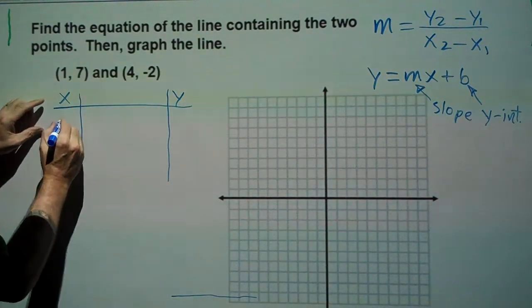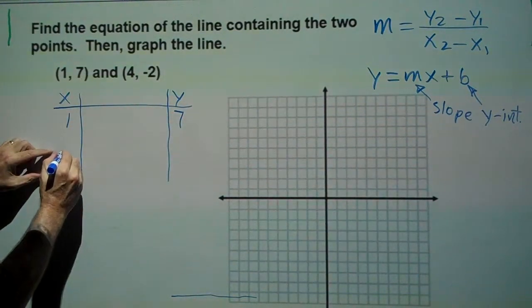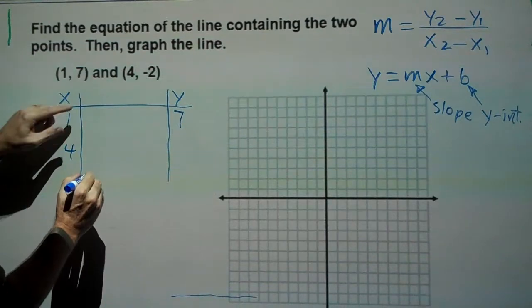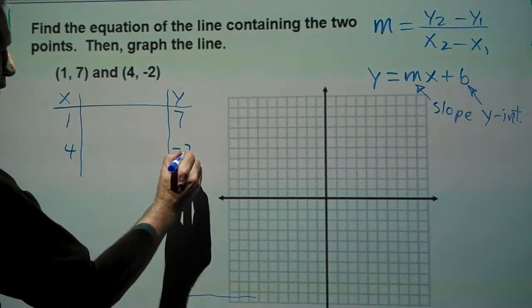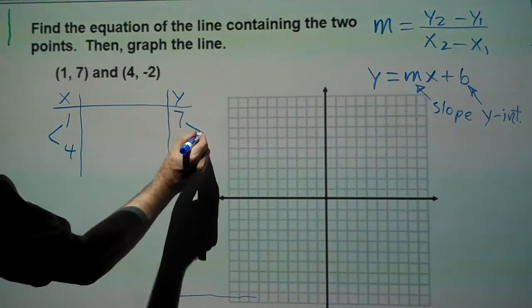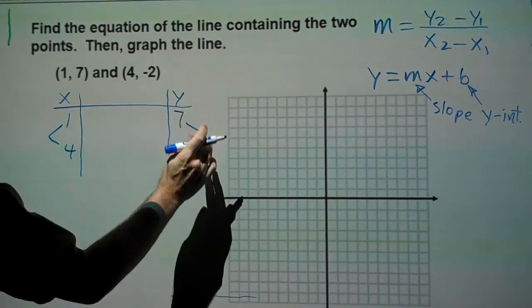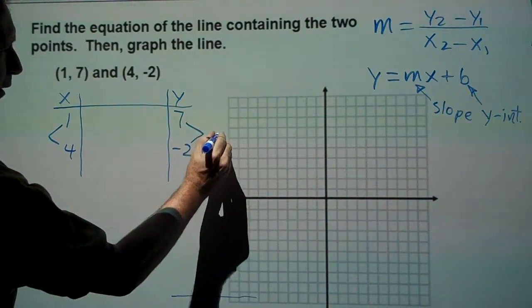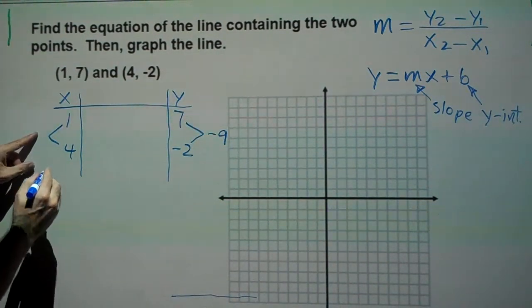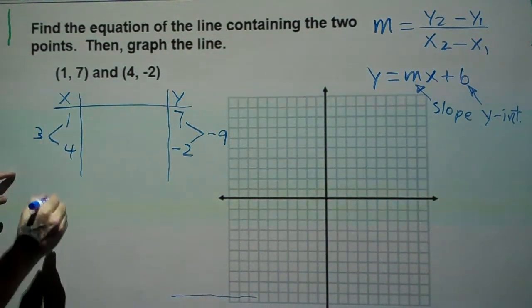For an input of 1 we have an output of 7 for our first point, and for our second point we have an input of 4 and an output of -2. To find the change in y divided by the change in x, we take -2 minus 7, that's our change in y, which is -9, divided by our change in x, which is 4 minus 1, or 3.